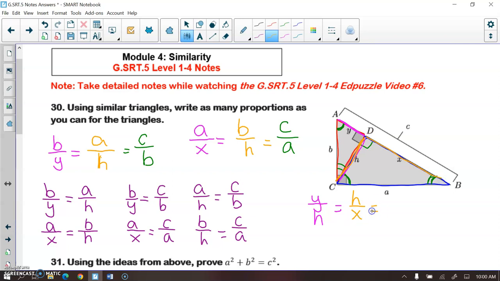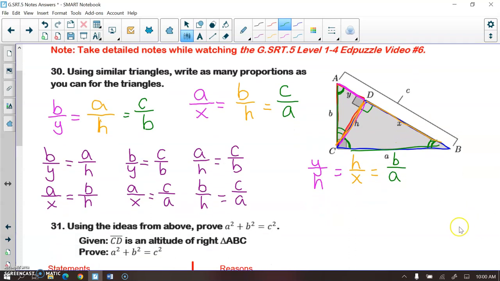And then, lastly, the side across from my right angle on my red triangle is b, over on my blue triangle is a. So I can write 3 more proportions with these 3 ratios. I have y over h is equal to h over x.